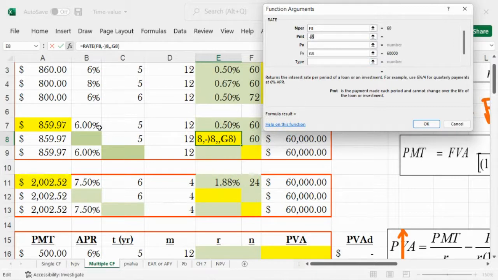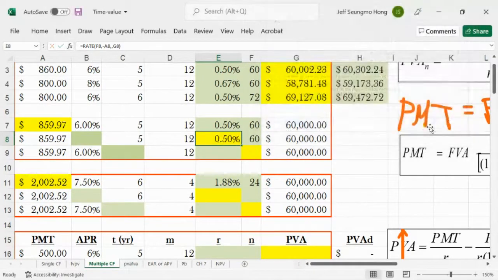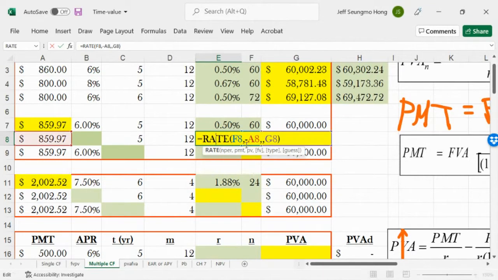Something's not right. Why negative? Okay, let me explain, then you get it right. It's not really negative. In financial calculator settings, there are only 2 types of cash flows: cash inflow and cash outflow.